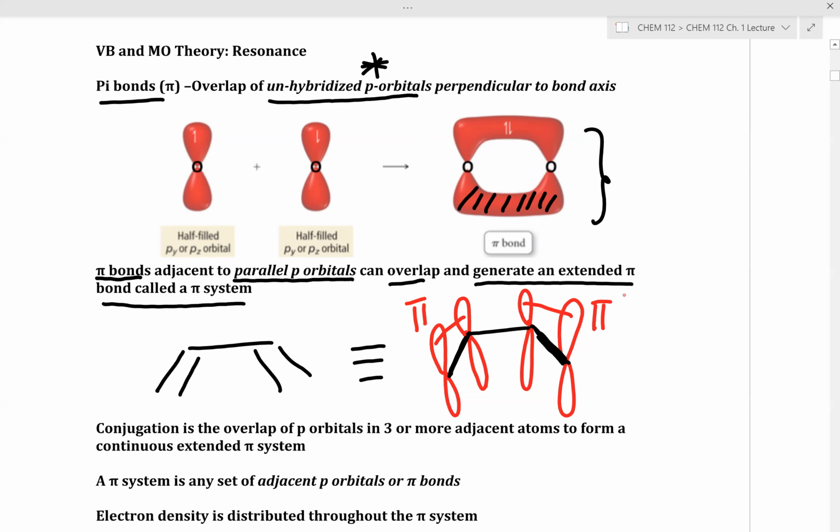Because these pi bonds are adjacent, we have adjacent parallel p orbitals, they can overlap and form an extended pi system. So instead of just sharing our electron density over a set of two carbon atoms, we can spread this electron density over 4 carbon atoms. So let's draw that out.